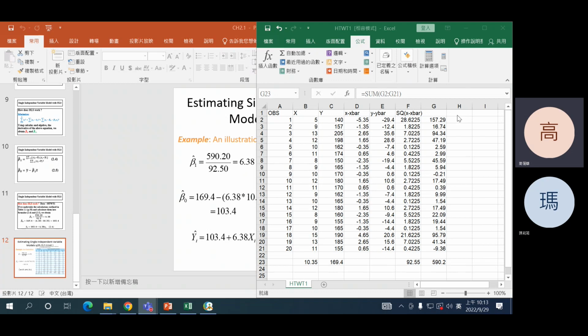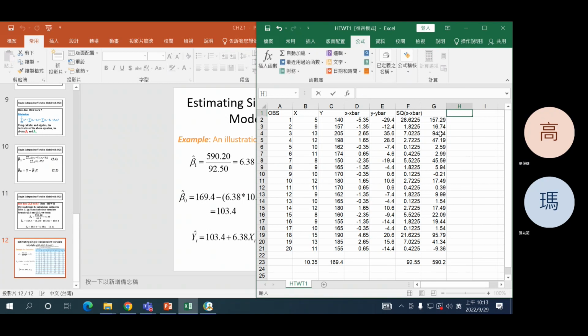So this beta 0, I can use this one here. So I just say this is y hat.